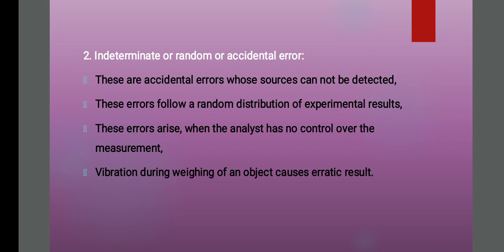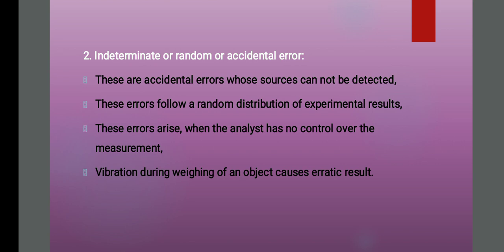So what do you mean by indeterminate error? It means these are errors whose sources cannot be predicted or determined. Then the errors are found in a random way in the experiment. Thirdly, the analyst doesn't have any control over these indeterminate errors. Finally, if there is a small vibration in the weighing object, the result will be abrupt, and the worst result will come.